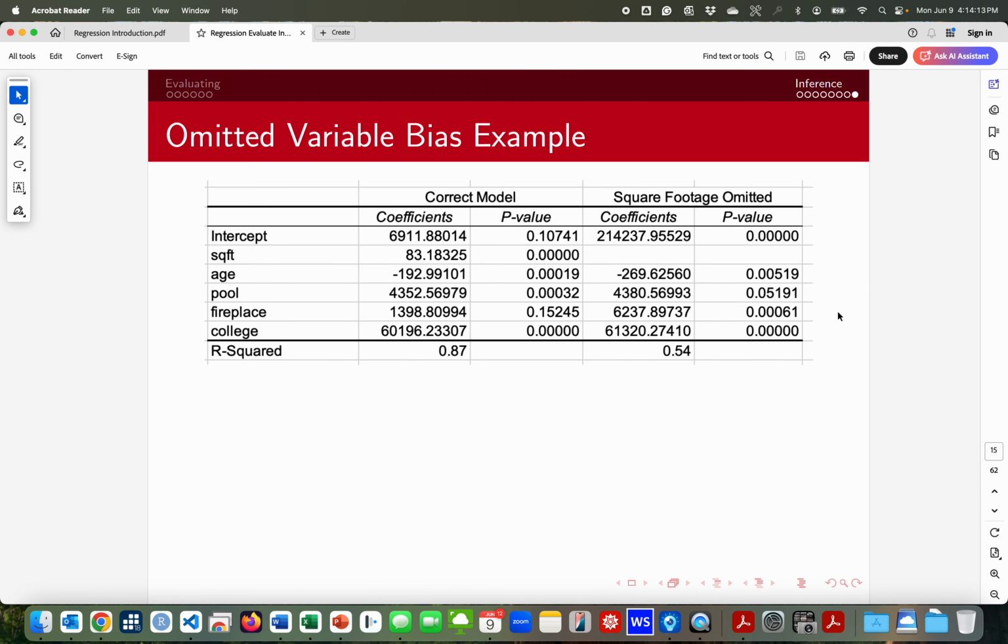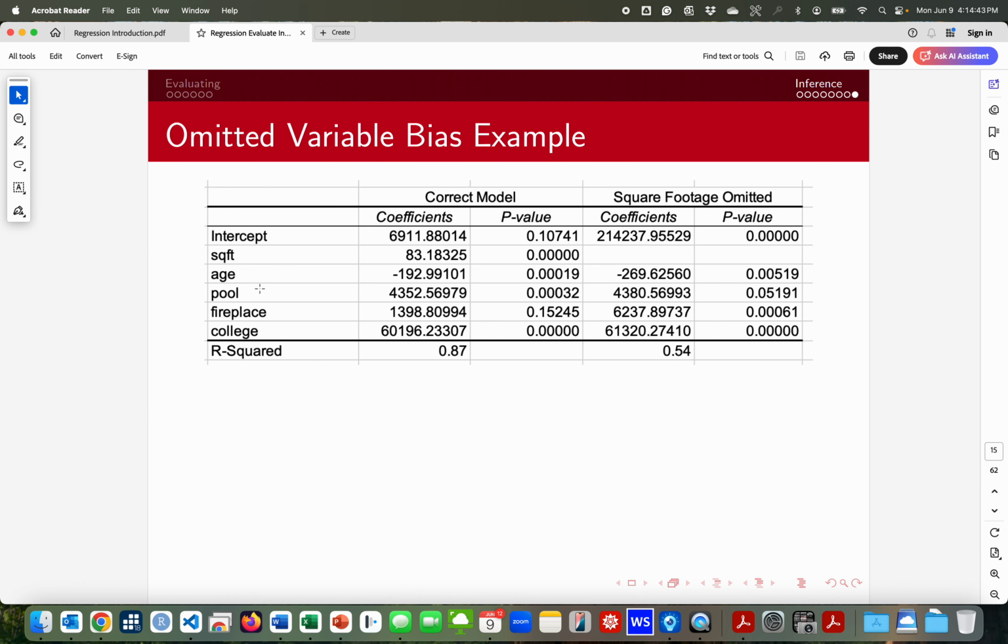What that tells us is there's likely a relationship between fireplace and the size of the house. If homes with a fireplace tend to be larger than homes without, when we omit square footage, this fireplace variable is now proxying for the size of the house as well. So we're now capturing the effect of a fireplace and the effect of house size.